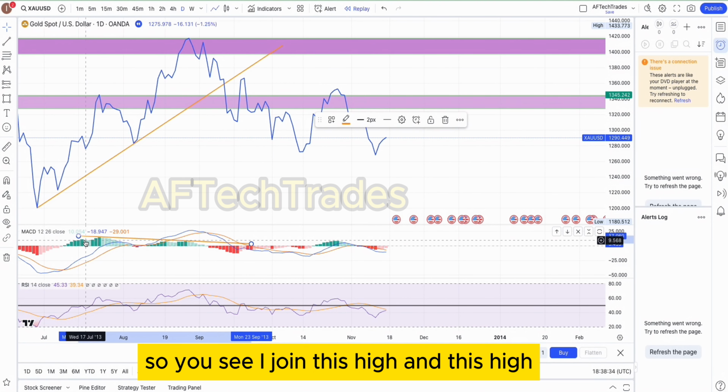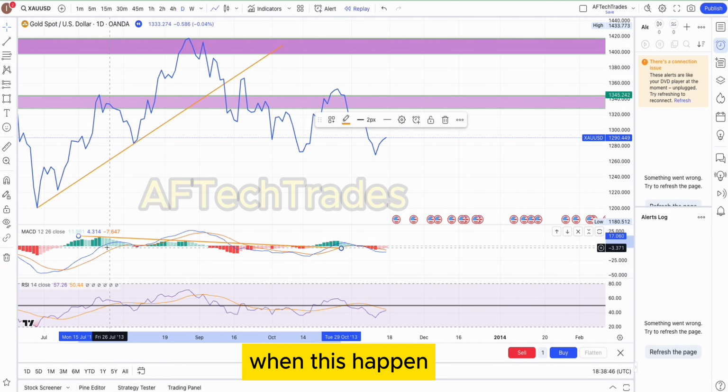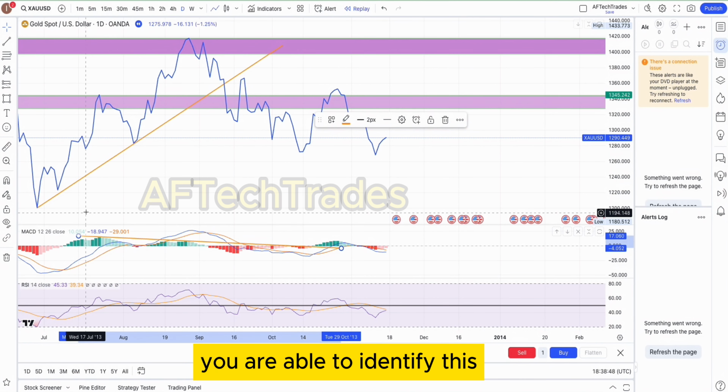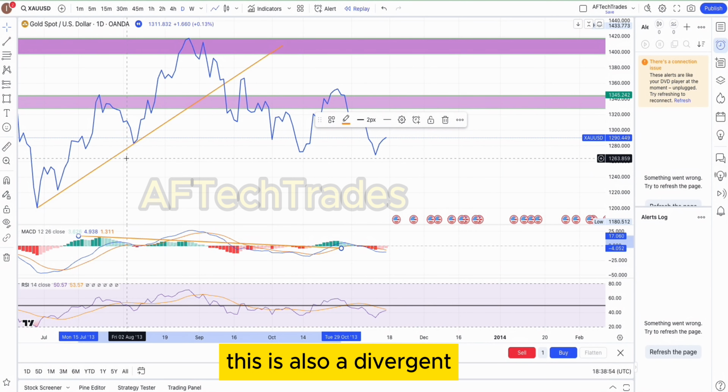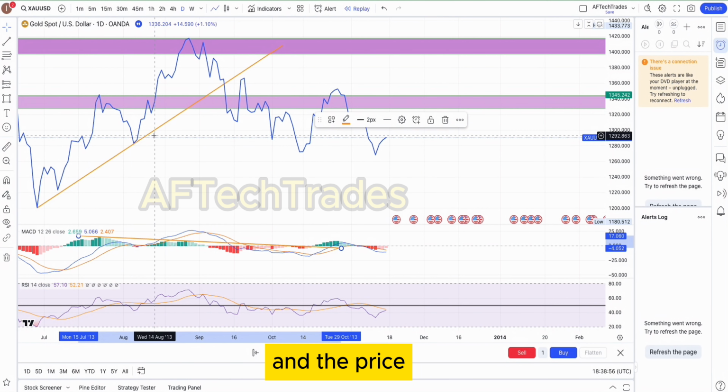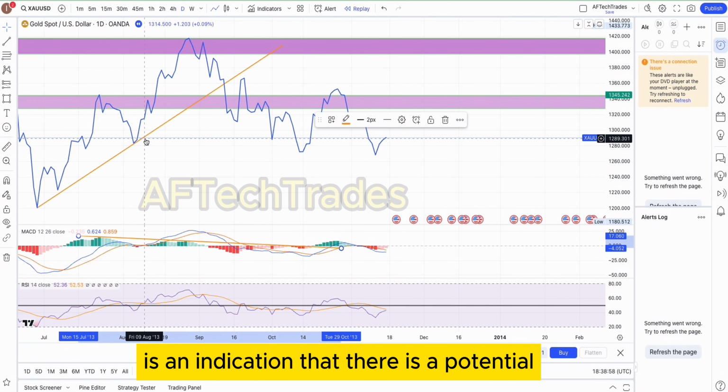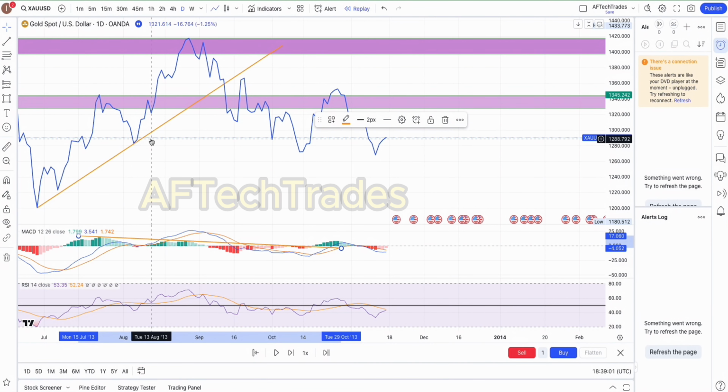If I extend this line further, it will be clear to you that this is now on a downward slope. This is upward, this is downward. When you are able to identify this, then know that this is also a divergence. Divergence of the MACD and the price is an indication that there is a potential turn of market.